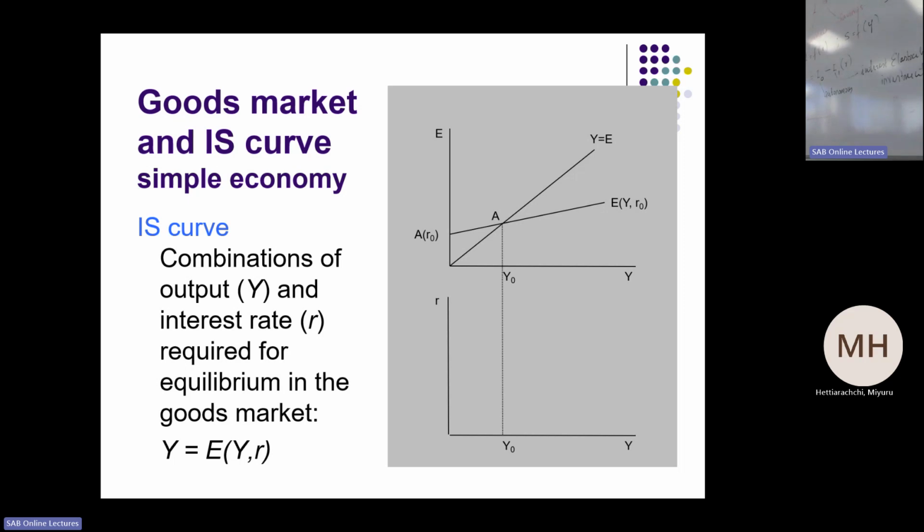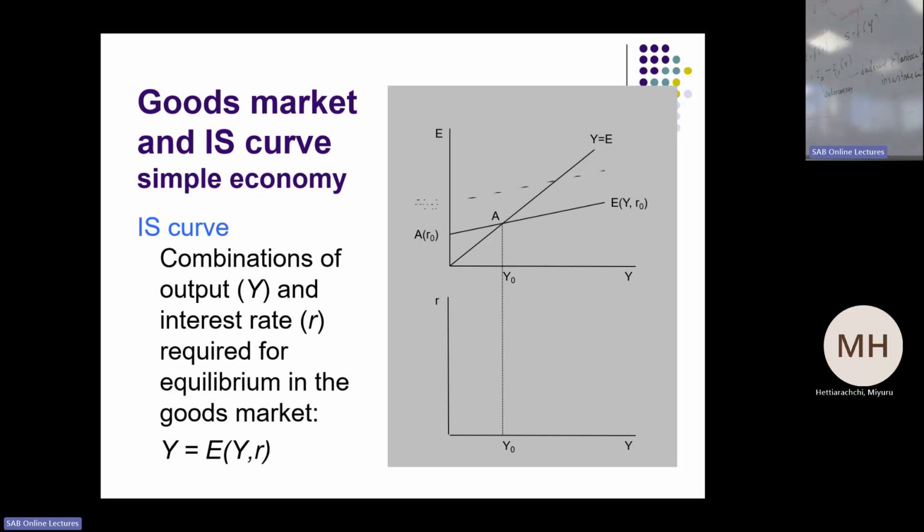Consumption depends on income or disposable income. Investment depends on the interest rate. So we assume a particular interest rate, initially the R0 interest rate, and a particular income level. At this equilibrium, the interest rate is R0 and the equilibrium income is Y0.